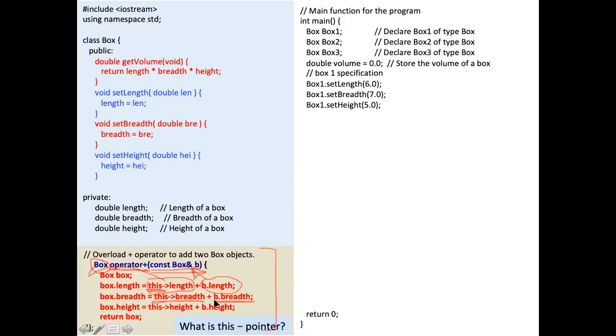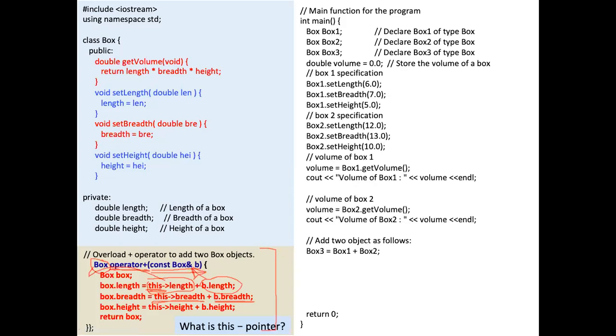ठीक है. So if you go to the code here, you can see कि यहाँ पे ऑपरेटर को इन्वॉक जो है वो बॉक्स 1 ने किया है, और किस पे इन्वोक हुआ है? बॉक्स 2 पे. तो this box 2 would be this part. Box 1 would always be referred using this pointer.